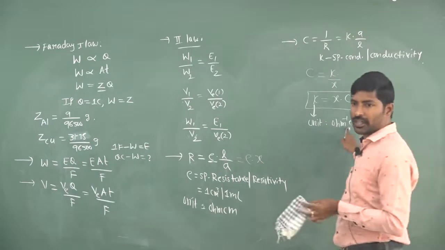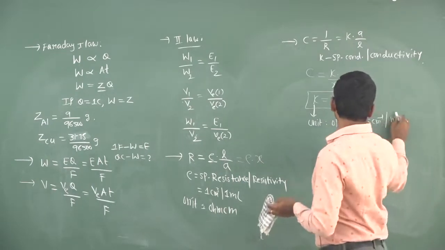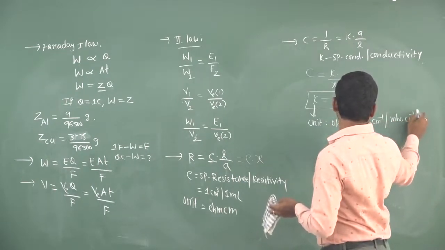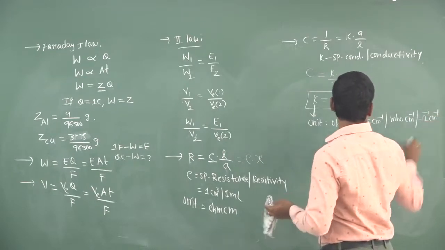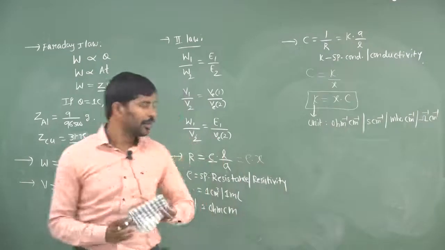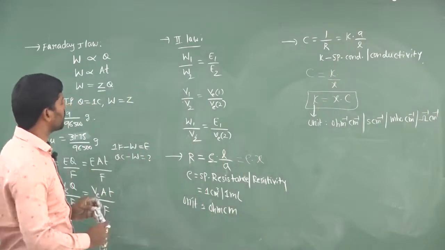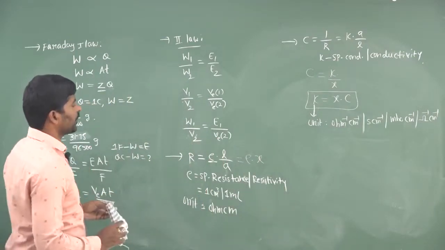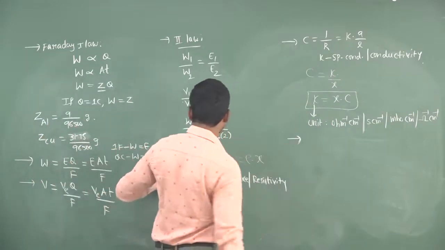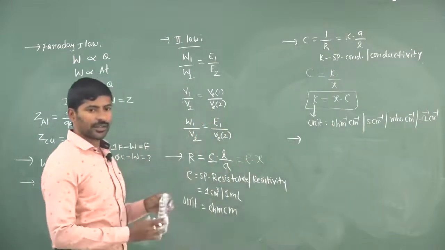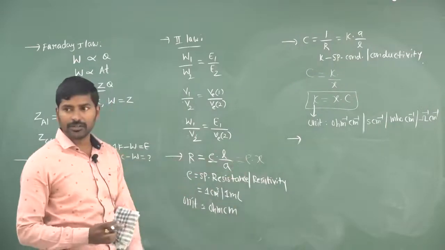Ohm inverse we can also write as mho. Or that may be represented using the symbol ohm inverse centimeter inverse. So that is the unit for specific conductance. So you may remember this formula based on resistance and conductance and its relation with the cell constant.